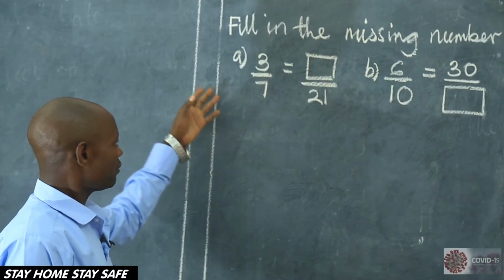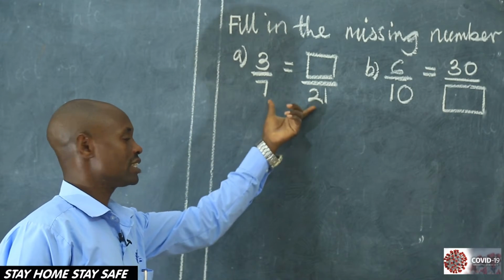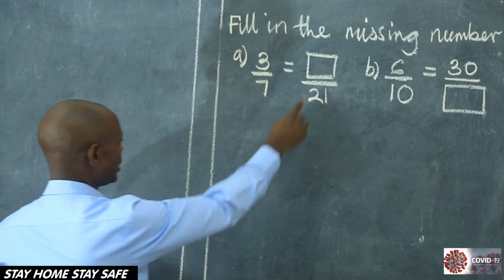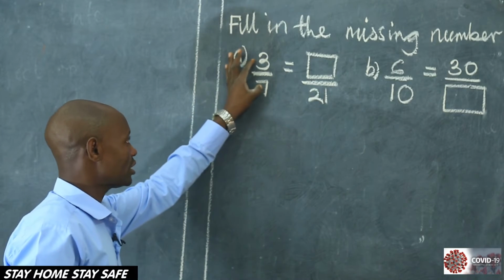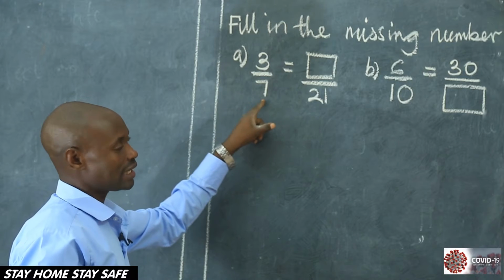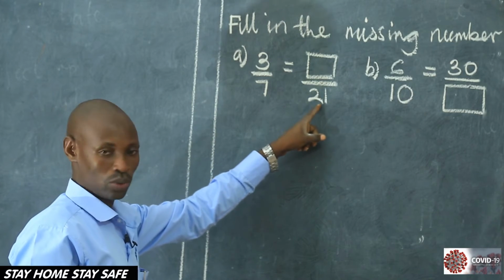If you are told to fill in the missing number, I told you that to get the missing number, you can find equivalent fractions of 3/7 until you get a fraction whose denominator is 21.